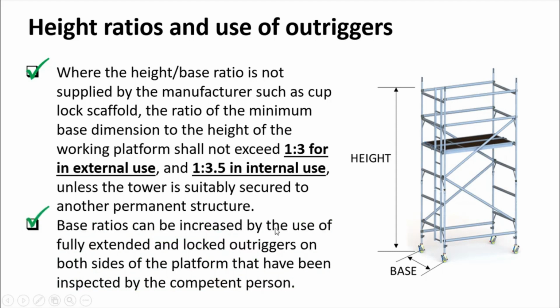The base ratio can be increased by the use of fully extended and locked out outriggers on both sides of the platform that have been inspected by the competent person.